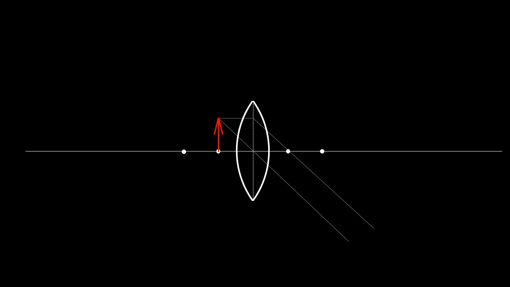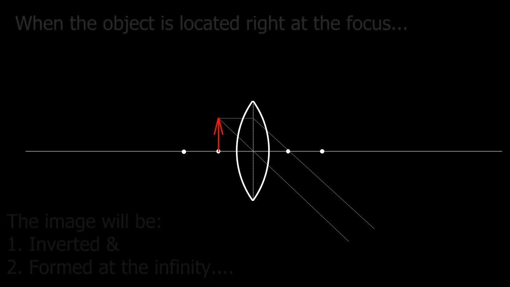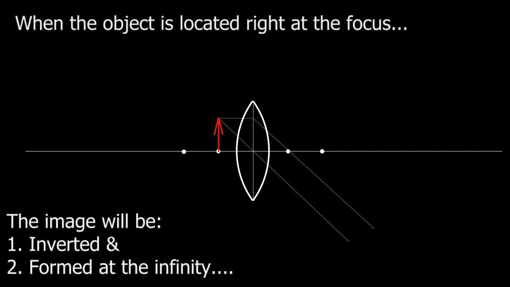As we can see, the two rays are parallel and they will not meet on either side. We now see that the image is formed, or likely to be formed, at infinity.